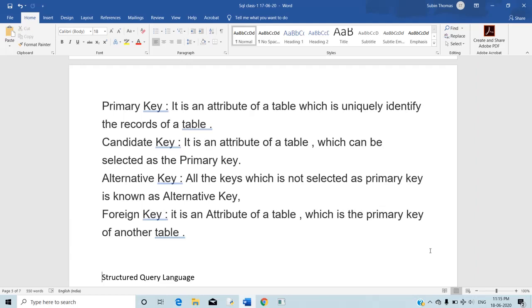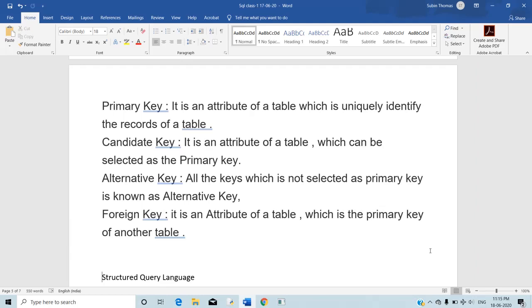And in that table, we have another attribute named department number, which represents in which department that particular employee is working. The second table is the department table, which consists of information about the departments, and it has an attribute department number. That department number is the primary key in the department table.